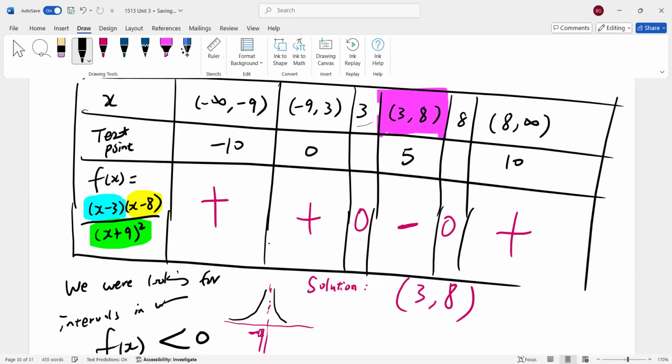So from negative infinity to -9, positive, above the x-axis. From -9 to 3 is also, maybe this is 3, also above the x-axis. Maybe it's not exactly like that, but I'm just showing you that you can look at the graph and make sense of the result. It will be very cool.